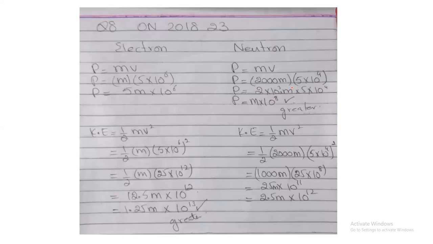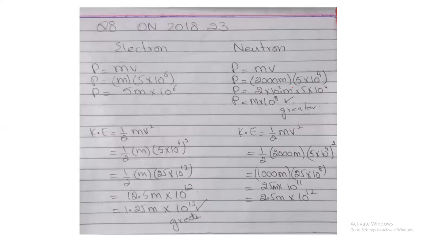Now let's check the kinetic energy. The kinetic energy will be equal to 1 by 2 mv square. So 1 by 2 into m into 5 expo 6 whole square. That will be 1 by 2 into m into 25 into 10 raised to power 12. So it will be 12.5 m expo 12, so it will be 1.25 m expo 13 joules. In the same way, you can calculate the kinetic energy for the neutron.